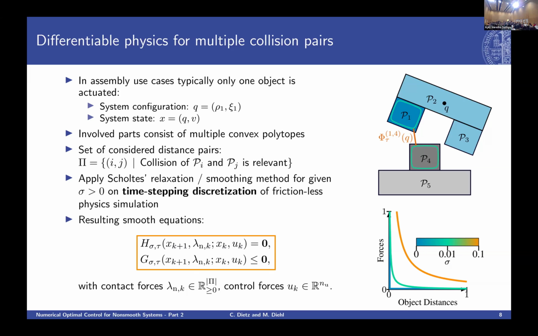And in the end, we obtain equations where for a given state xk and a control force uk applied to the actuated object, we can solve the equations to obtain the next state at the next time step. And we also obtain corresponding contact forces that bring us to this next state. The smooth differentiable physics simulation equations now depend on the two smoothing parameters sigma and tau, which smooths the collision detection.